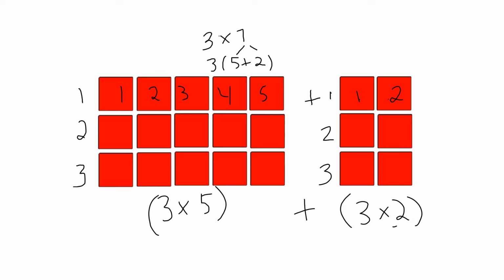So now, if we were to figure out how many tiles or squares are in this, we'd say 3 times 5, 3 rows of 5 tiles each equals 15 tiles, plus on this side we have 3 rows times 2 tiles, which gives us a total of 6 tiles. So 15 plus 6 equals 21.